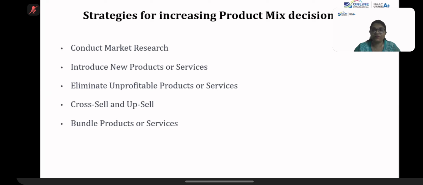Let's say if you take a loan, along with the loan, the company tells you आपको इसके साथ इंश्योरेंस लेना जरूरी है. So what is that? क्रॉस सेलिंग, लोन के साथ इंश्योरेंस भी दे दिया आपको.